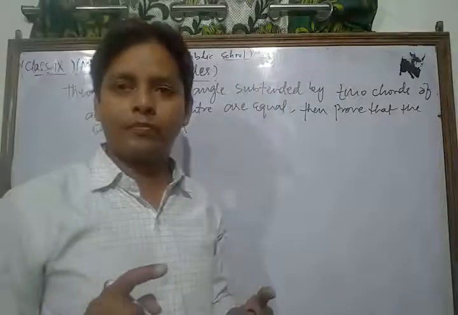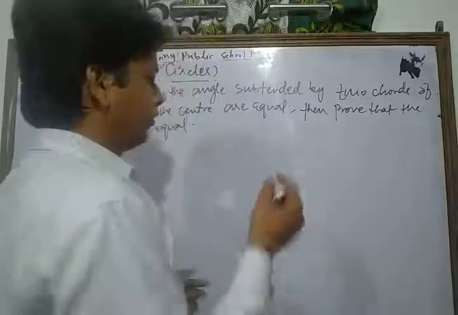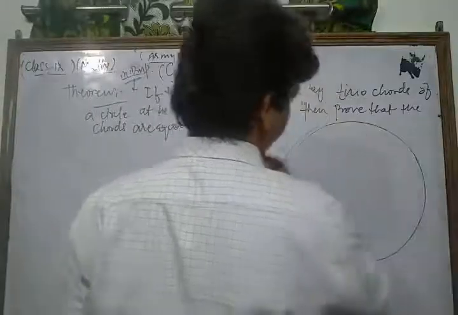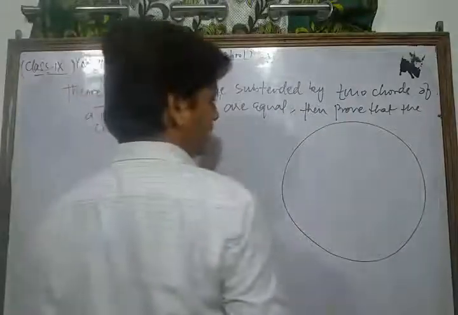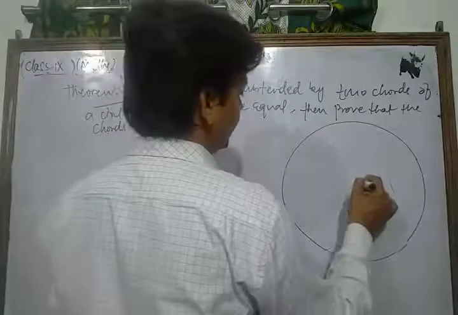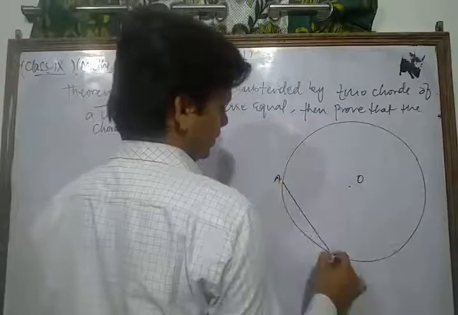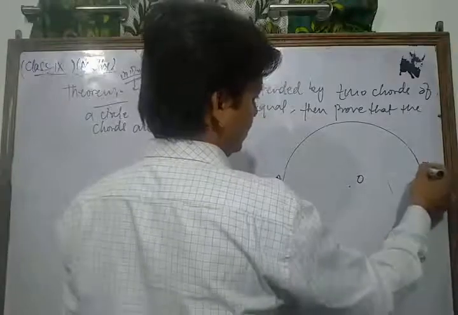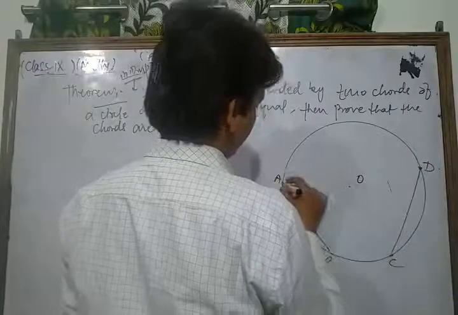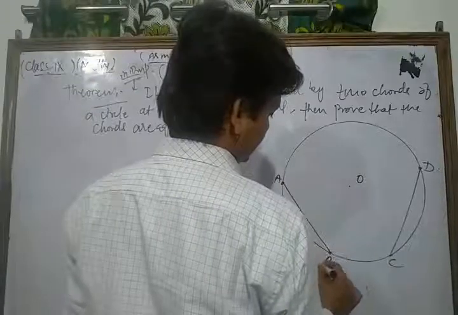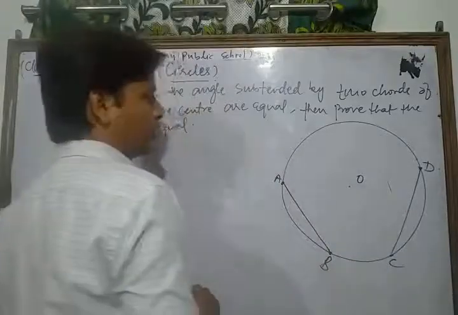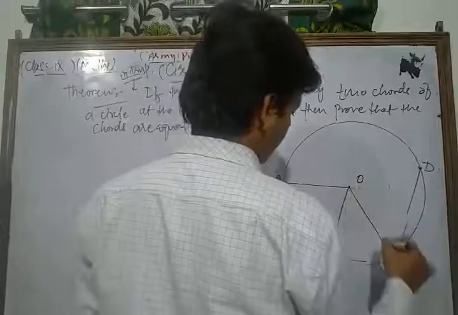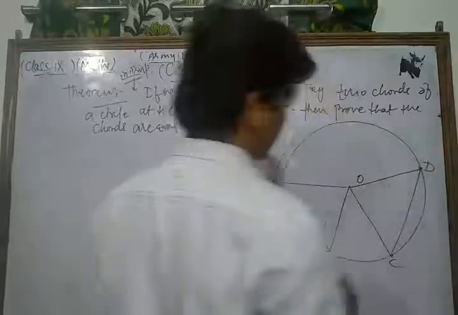So first of all, we form the figure. We draw a circle, in which O is the center, and let us take AB and CD as two chords, and we join OA, OB, OC and OD respectively.